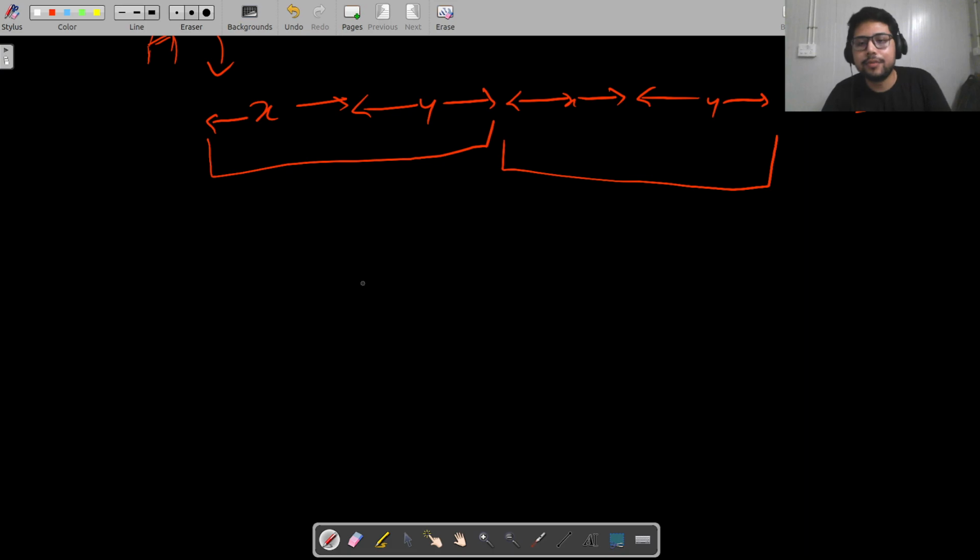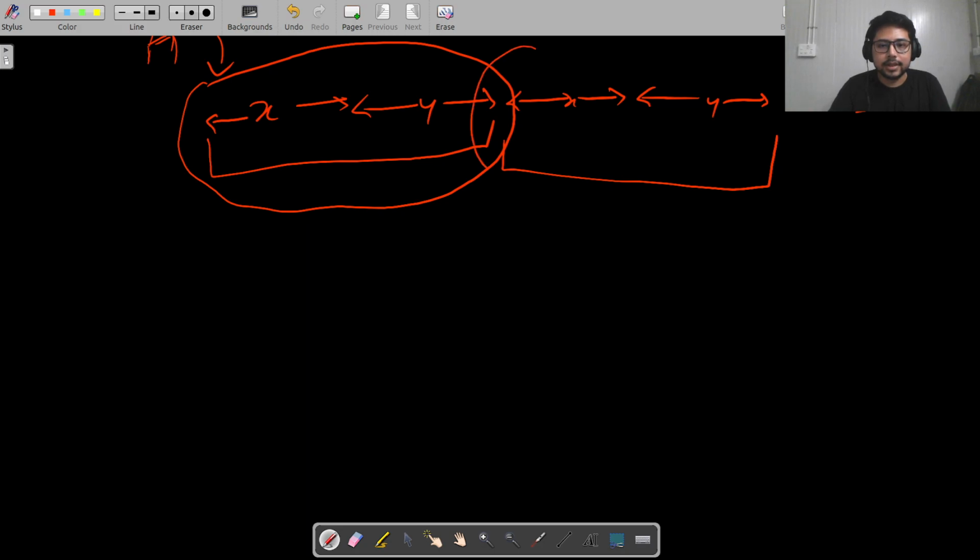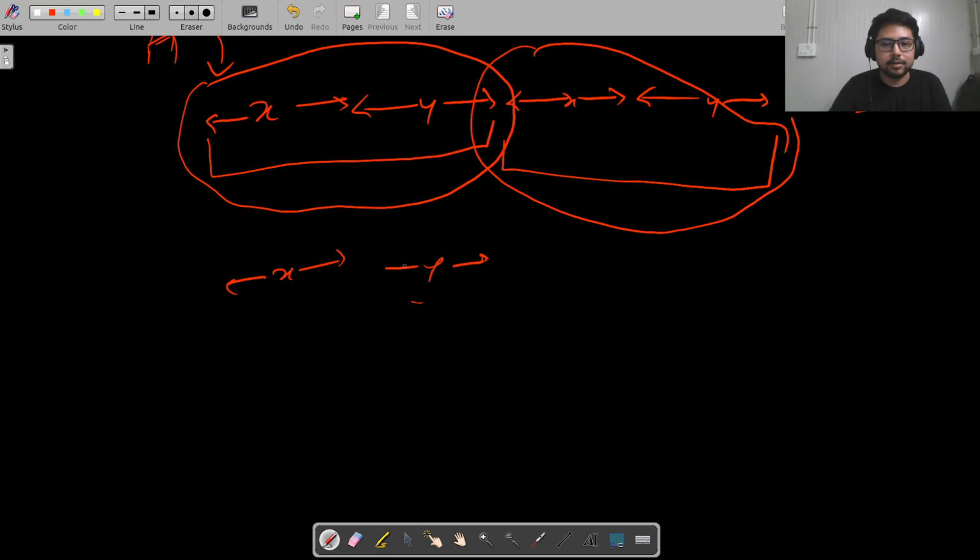Here we can see that this forms a cycle. Again here we have another cycle, and so on and so forth, there will be cycles, and eventually at the mth index we only care about whether it is inside the x part or the y part.